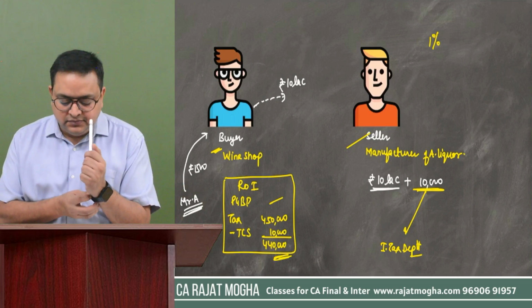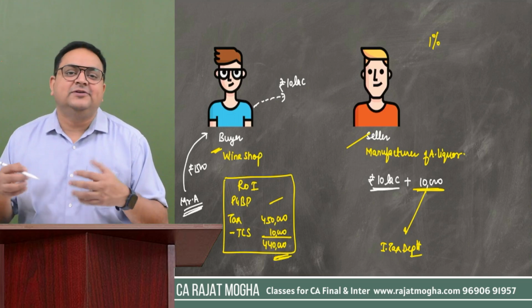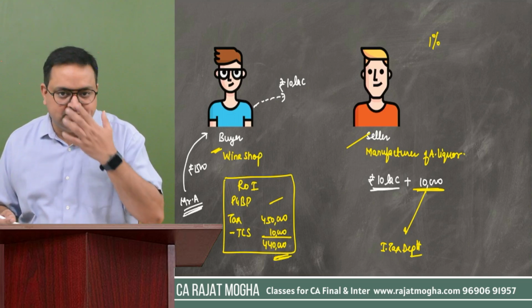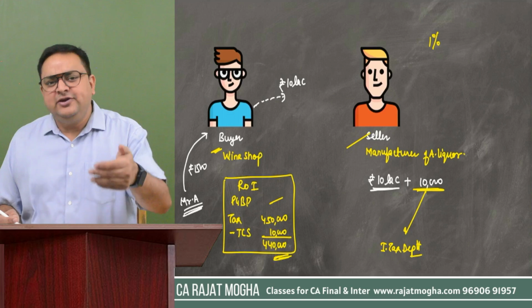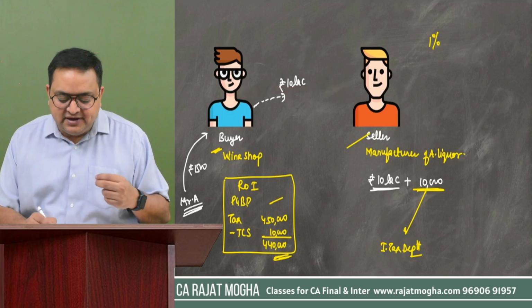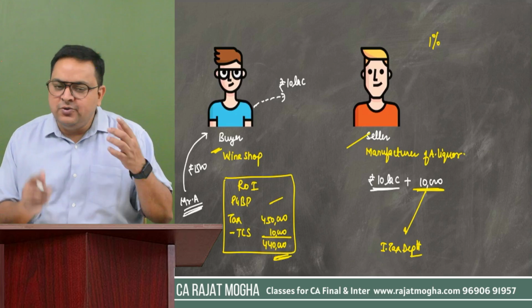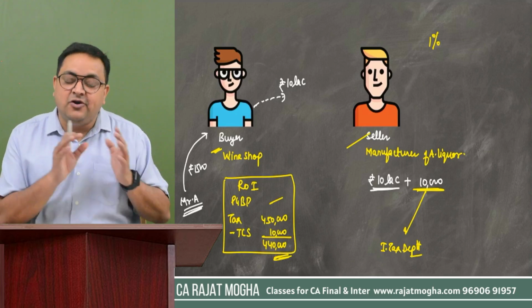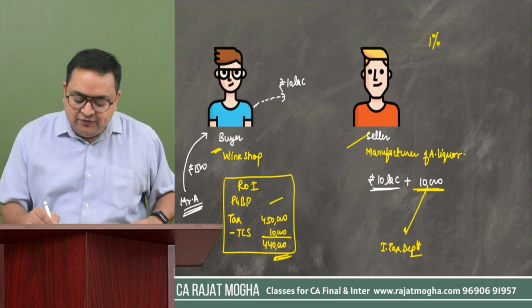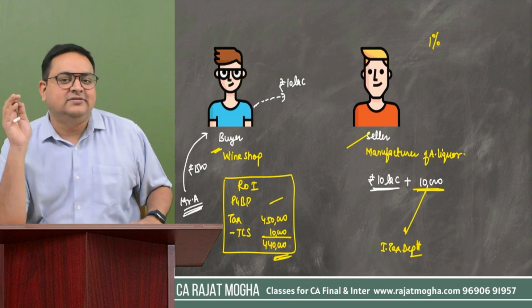Also, if you are not the dealer of such kinds of goods, but you are still purchasing goods like coal or timber for your production process, because you are into some other kind of business and your finished goods are something else, and you are purchasing these goods as a raw material, then also TCS will not apply.